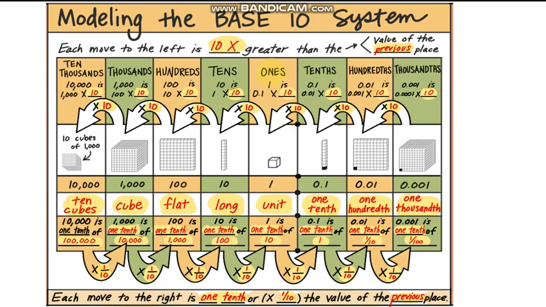If it goes to the left, it's going bigger: ones, tens, hundreds, thousands, ten thousands. If it goes to the right, it goes smaller, which is only parts of it. 1 part of 10, 1 part of 100, 1 part of 1,000. Yeah, it will go infinitely to the left or to the right.